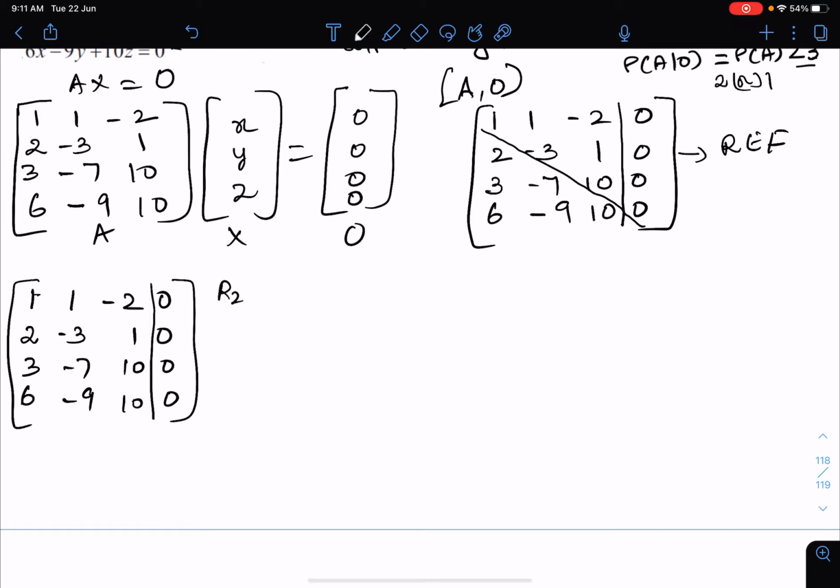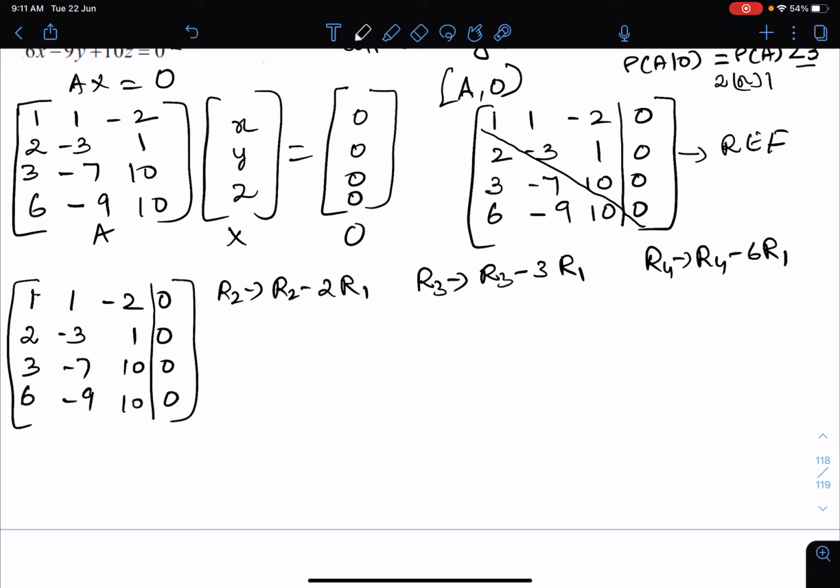So R2 minus 2R1. Similarly R3 minus 3R1. Similarly R4 minus 6R1 because they are all 6. Now we shall do one by one. What is our R2? 2, minus 3, 1 and 0, minus 2 into R1, 2, 2, minus 4 and 0. Change your sign throughout, all the plus becomes minus and minus becomes plus.